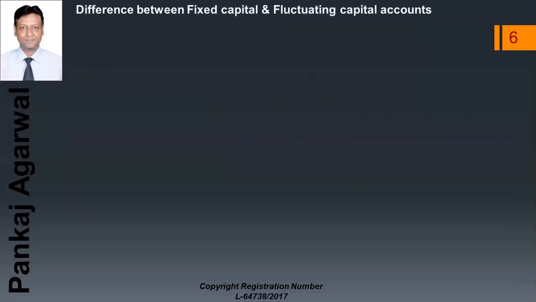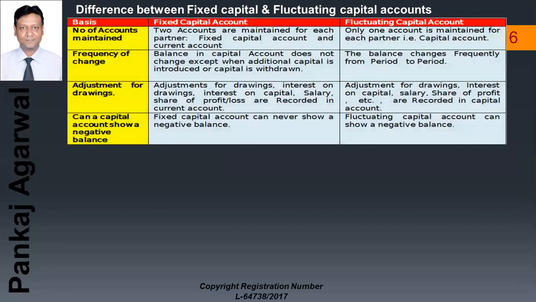Now let us first understand the differences between the fixed capital and fluctuating capital accounts. The number of accounts maintained under fixed capital accounts is 2, whereas in fluctuating capital account only one account is prepared, that is capital account. Frequency of change: fixed capitals change only when additional capital is introduced or permanent capital is withdrawn, whereas in fluctuating capital account, the capital accounts change very frequently with each and every transaction of an appropriation.